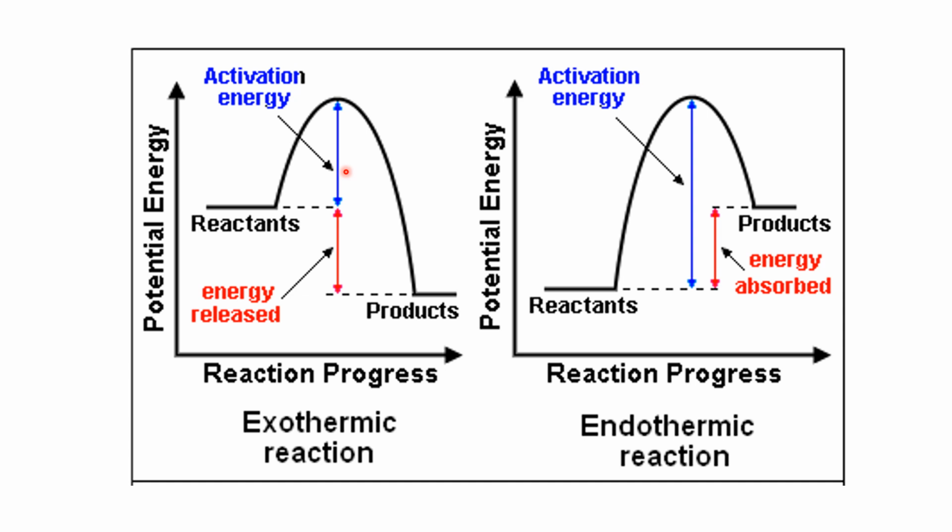And what we can see is that as we reach our activation energy, we're going to drop back downhill. And depending on if we drop below our reactants or we're above our reactants, is going to tell us if we've got an endothermic or exothermic reaction.